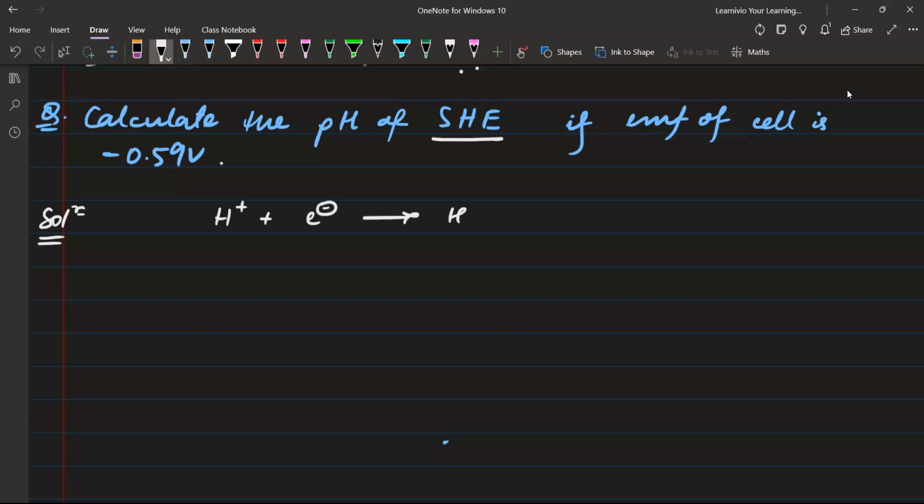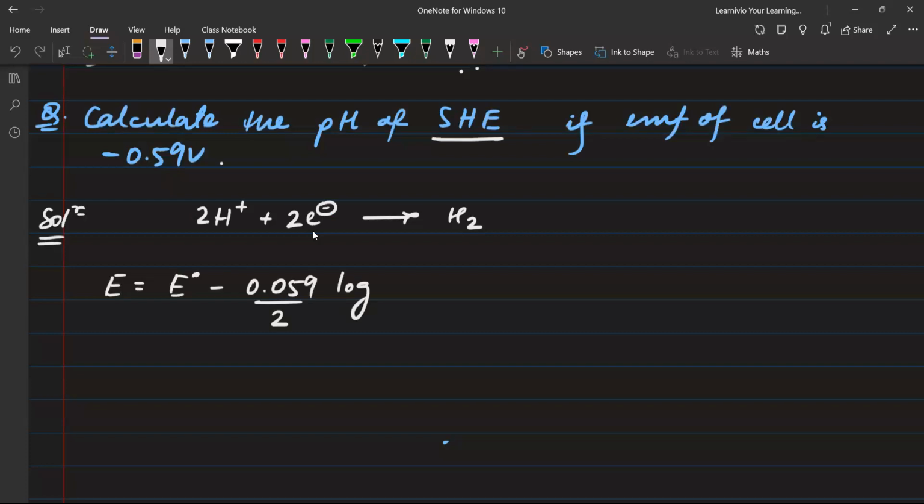Now, the EMF of the cell will be E naught minus 0.059 divided by 2 log of the pressure of H2, the product, divided by the concentration of H plus squared.